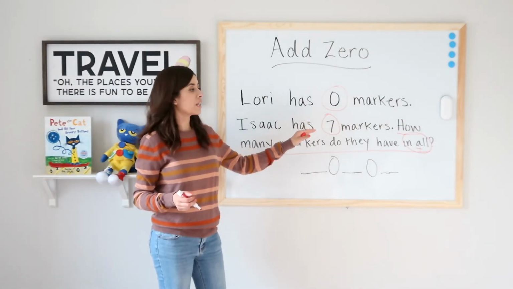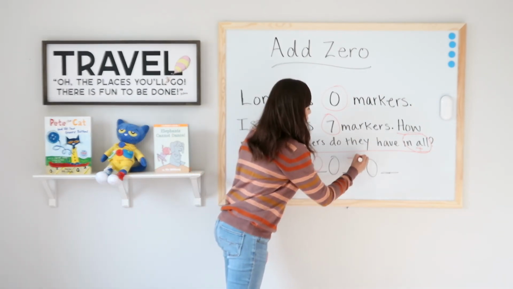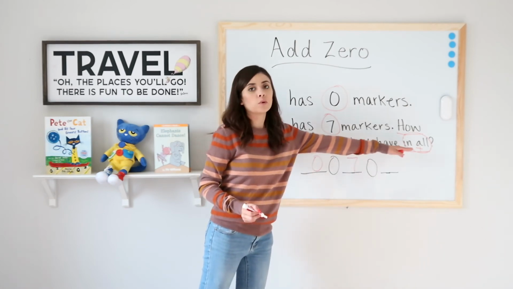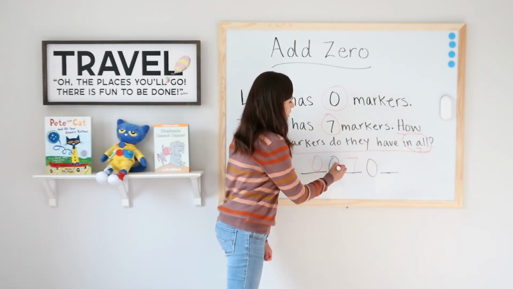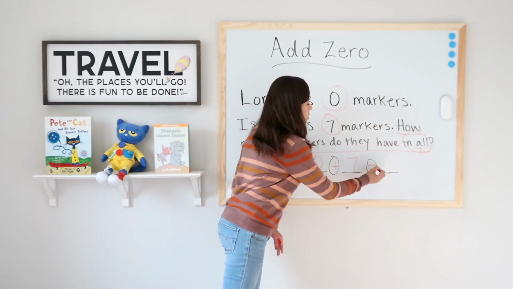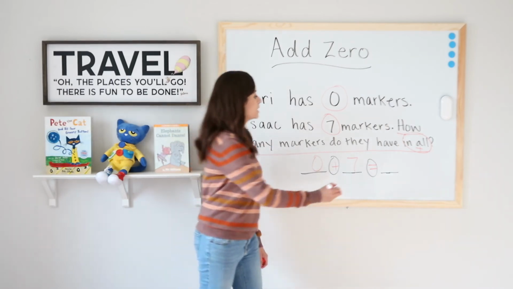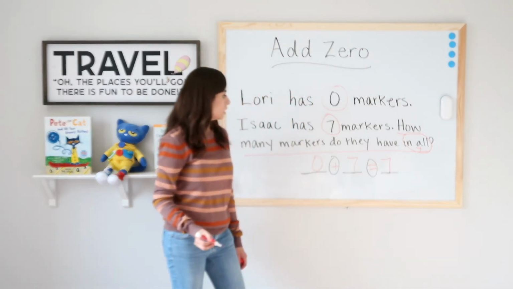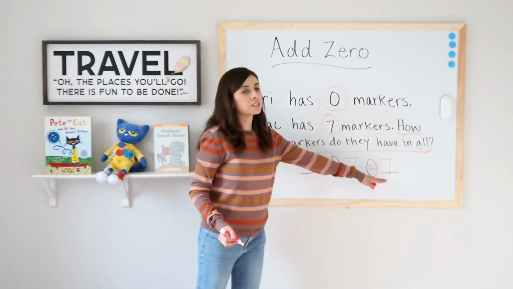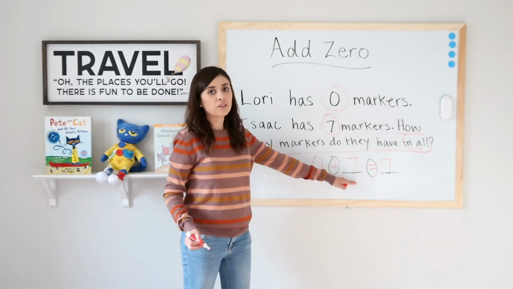So I'm going to go ahead and take my two parts and write them down here. 0 and 7. I know that I'm going to add them because I see the words in all. So 0 plus 7 equals, what is that number being added to 0? 7. Very good. So I know that 7 is the sum because 7 is the number that was added to 0.